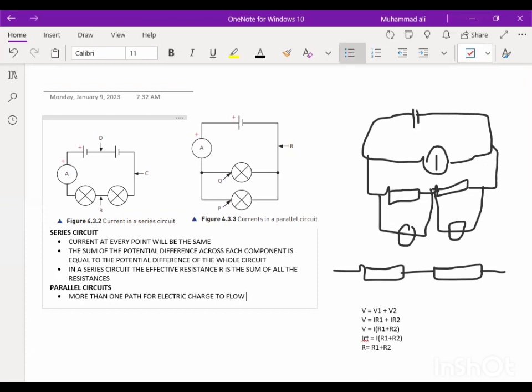Now the first thing that you need to know about is that the sum of the individual current in each of the parallel branches. Let me first write the pointer and then explain.